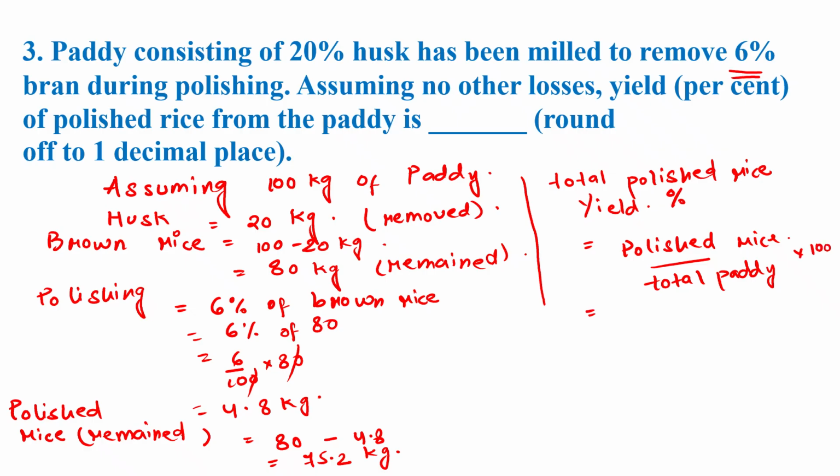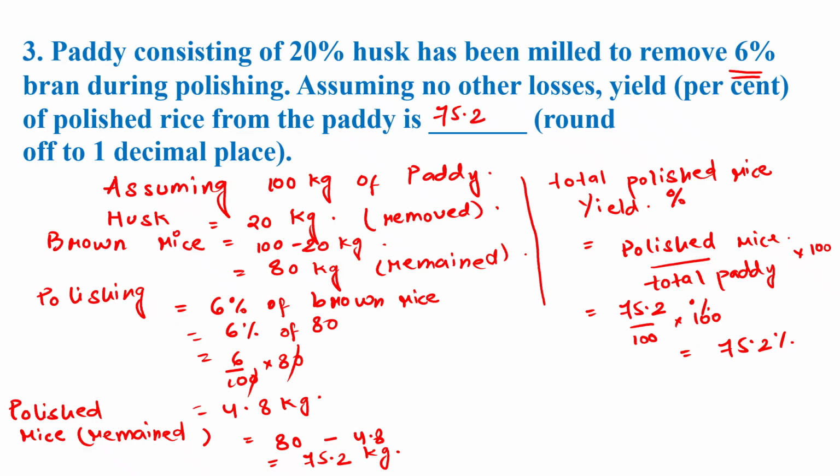That is 75.2 by 100%, into 100. So it is 75.2%. And so my answer will be 75.2. No round off is needed since only one decimal place.